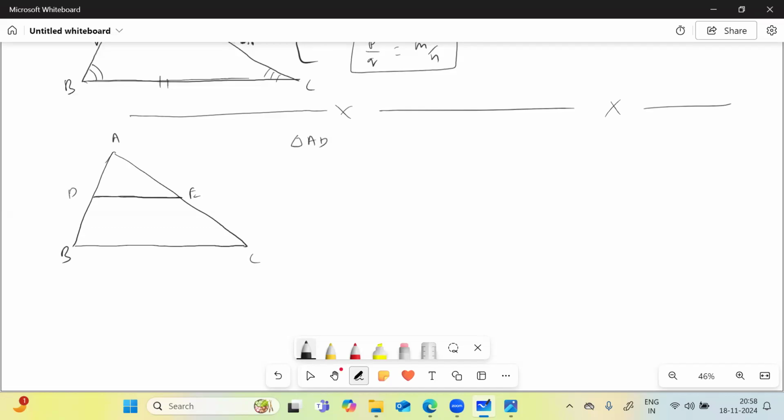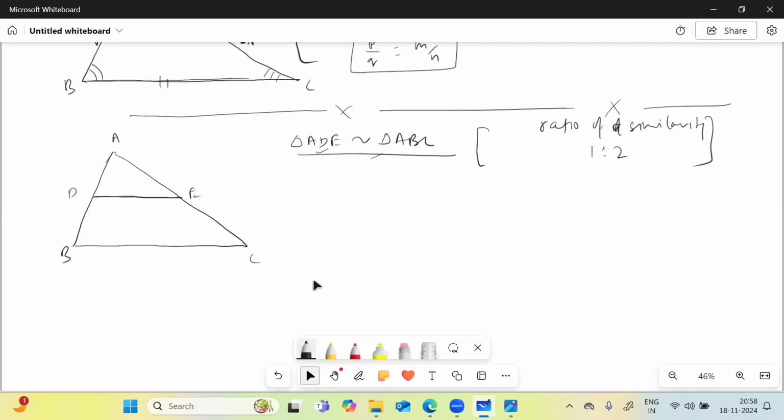Triangle ADE is similar to triangle ABC. Now, can you tell me, for these two triangles, what is the ratio of similarity? 1:2. Yes. ये कौन बोला? नाम Shiksha. Shiksha.